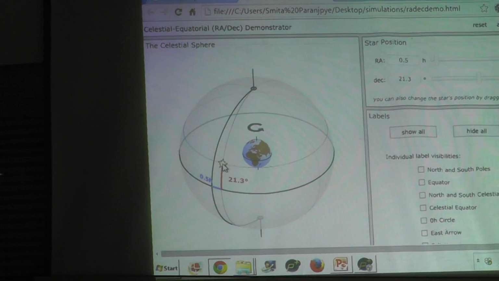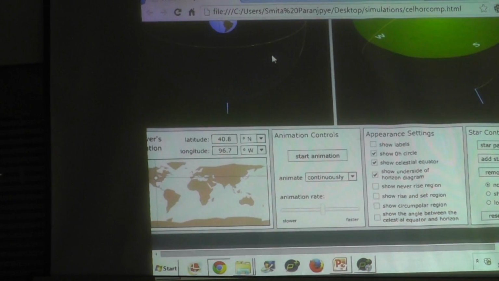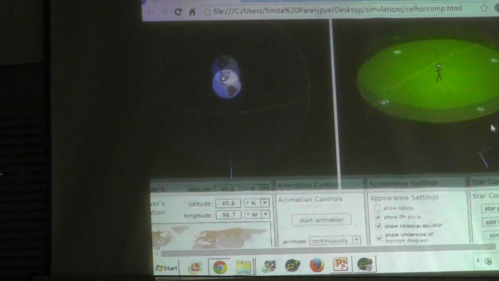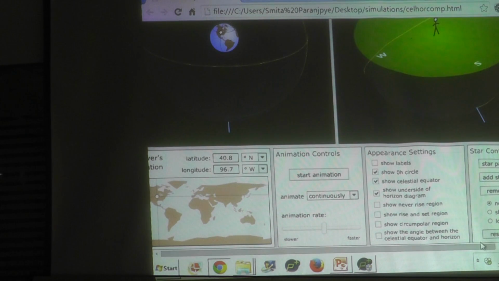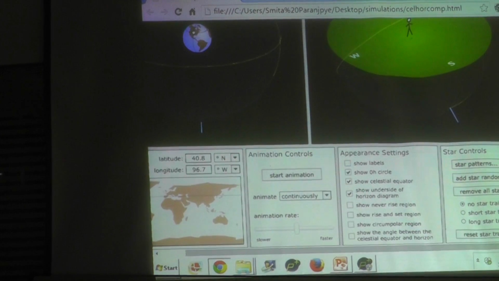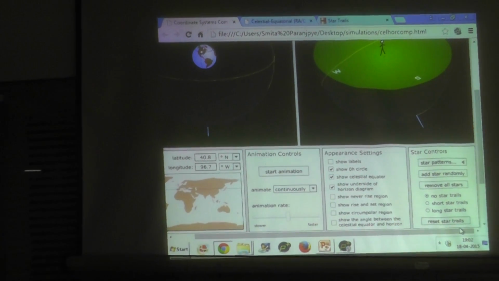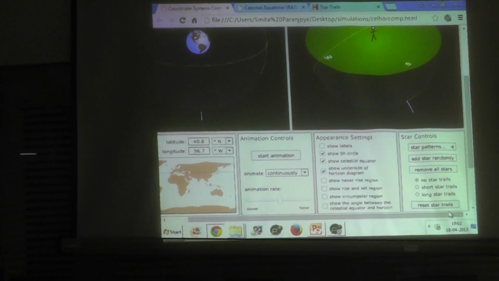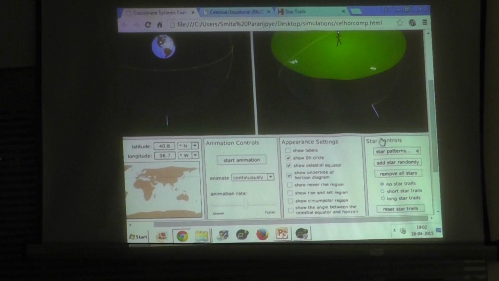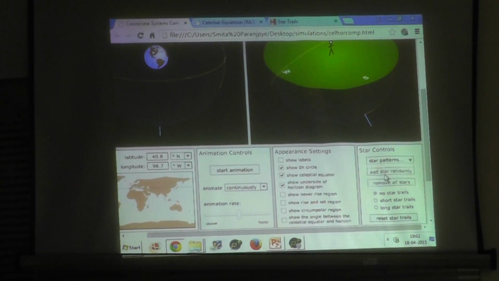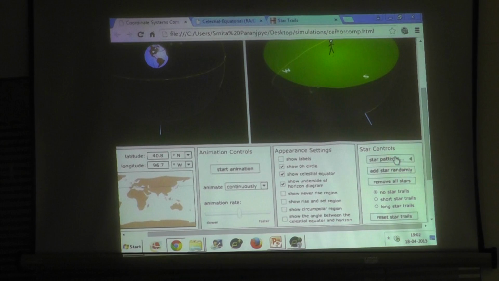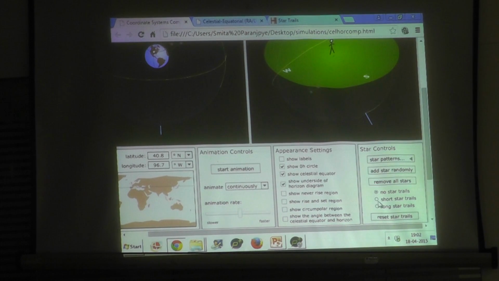Right now I'm going to add some stars here. I'm trying to simulate how all these circles move parallel to the celestial equator. Let us add some star patterns like Orion, and we have some long star trails. We say start animation.